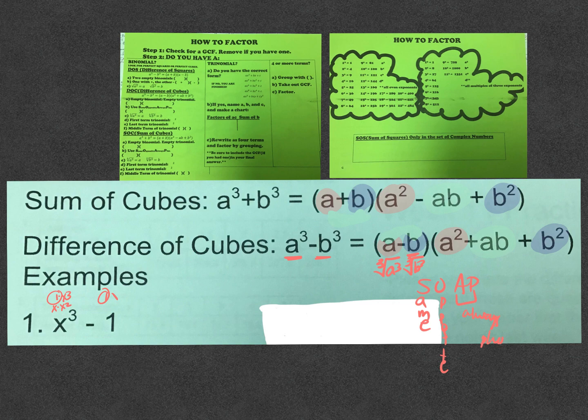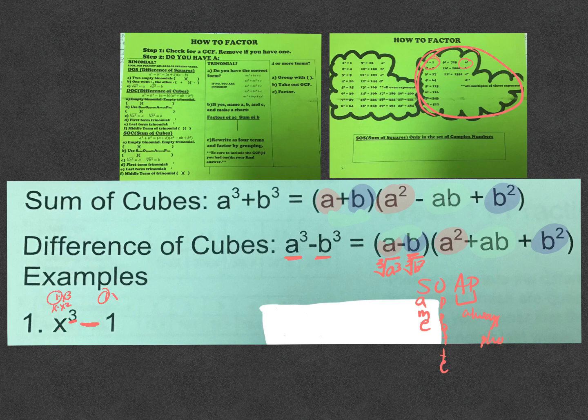It is a binomial. Is it a difference of squares, difference of cubes, or sum of cubes? This is a cube to the third power, so check the list over here. X to the third, a variable to the third power is over here, and then 1 is here. So this is a difference of cubes.